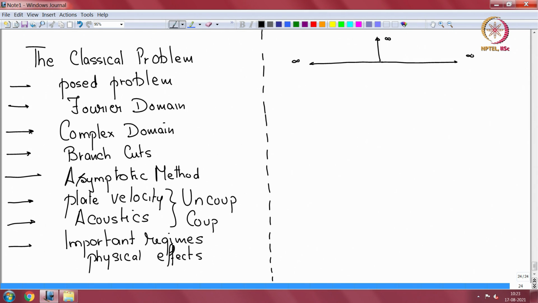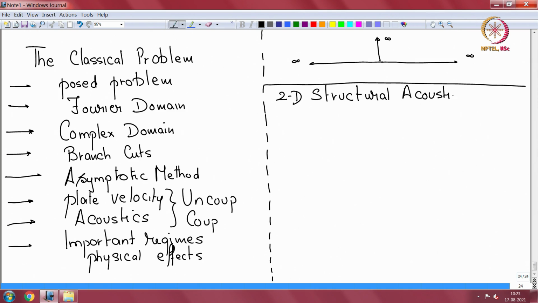So we are going to look at the next problem now. The next problem is this. I will call it a 2D structural acoustic waveguide. What is it?